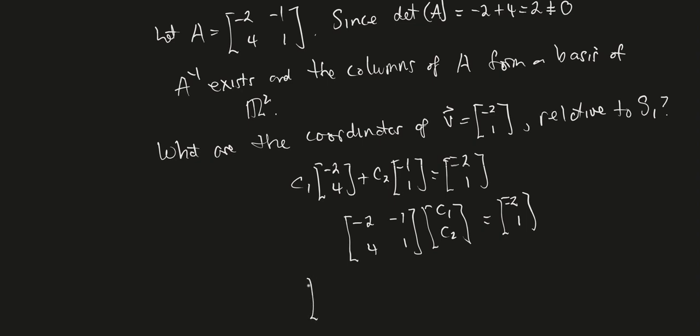So I know the matrix is invertible, so I'm going to say that C1, C2, that's equal to the inverse of this matrix. So let me write it down symbolically first, right? So the inverse of that matrix times -2, 1, right?